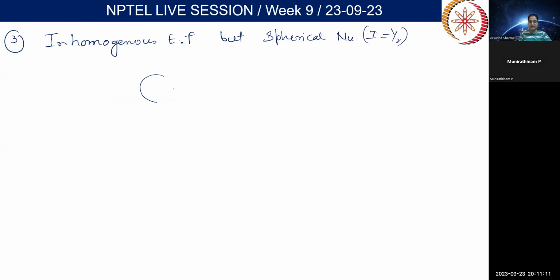So again my nucleus is spherical, and now I have a variation in the electric field, which is not constant, which is not distributed well. So here it goes this way, then this way, then this, and then this. Okay, so this is inhomogeneous. Here also it is not going to give me any difference, because one of the two parameters is constant: either the electric field is homogeneous or my nucleus is spherical. It is not going to give me any difference.